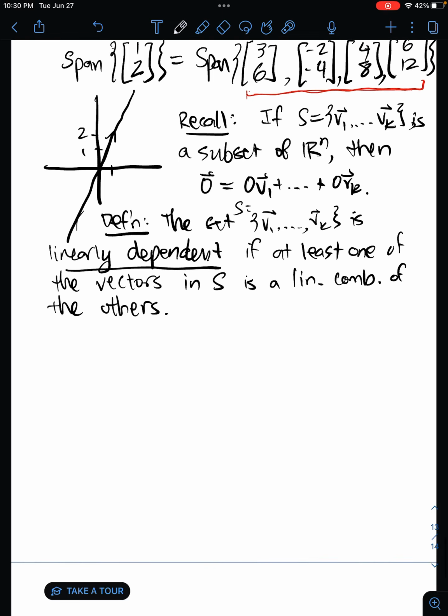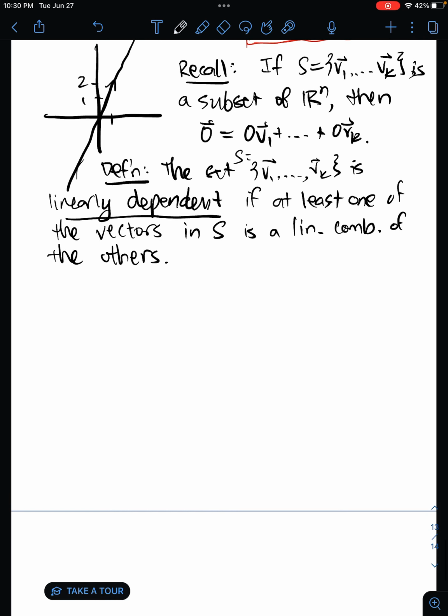That's what a linearly dependent set means. And if S is not linearly dependent, then it's called independent. We call S linearly independent.